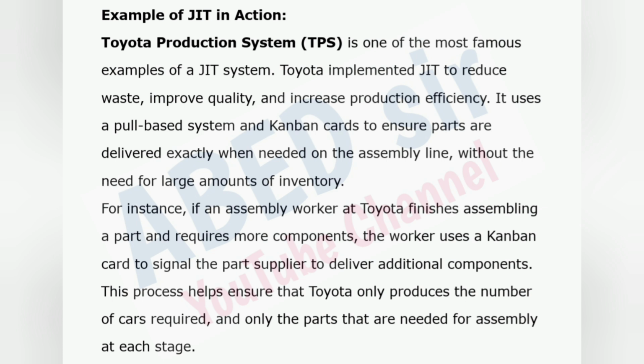For instance, if an assembly worker at Toyota finishes assembling a part and requires more components, the worker uses a Kanban card to signal the part supplier to deliver additional components. This process helps ensure that Toyota only produces the number of cars required and only the parts that are needed for assembly at each stage.